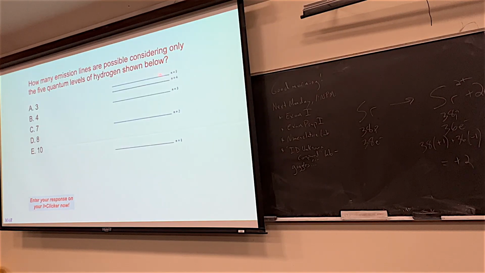We're going to look at when you go from a higher n down to a lower n. And what I'd like you to do in this problem, tell me how many emission lines are possible using this particular diagram, all right? Using the first 5 levels for hydrogen, how many emission lines do you see? We'll talk about this here in a little bit.